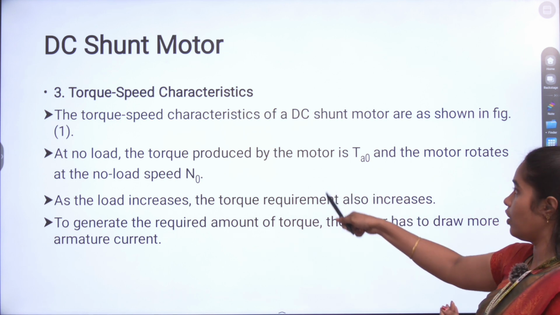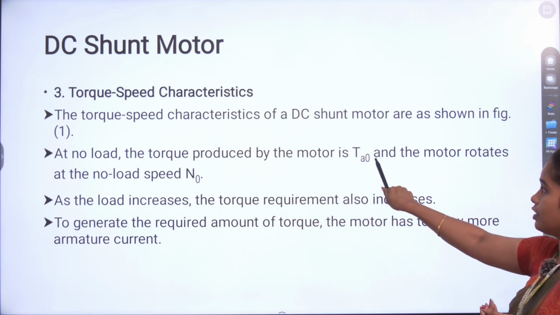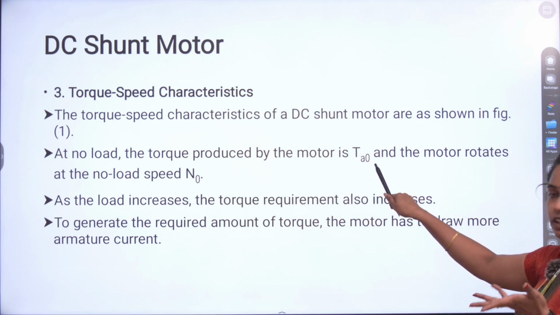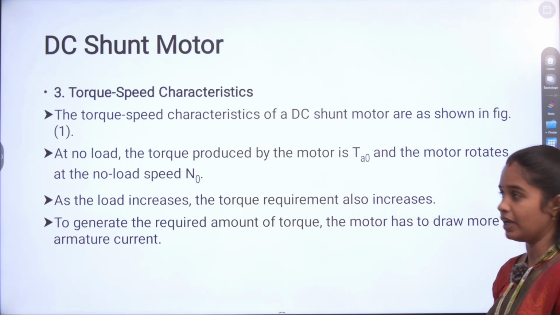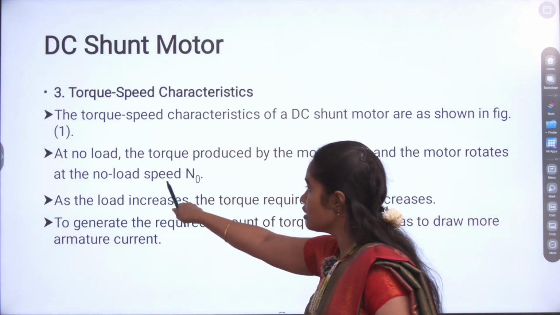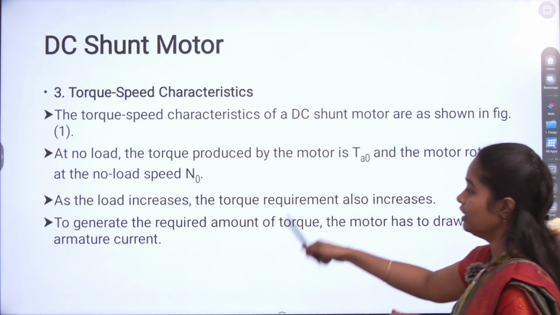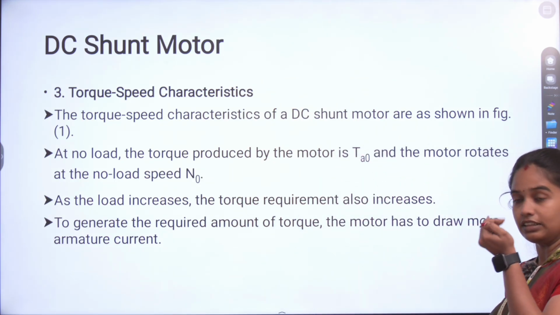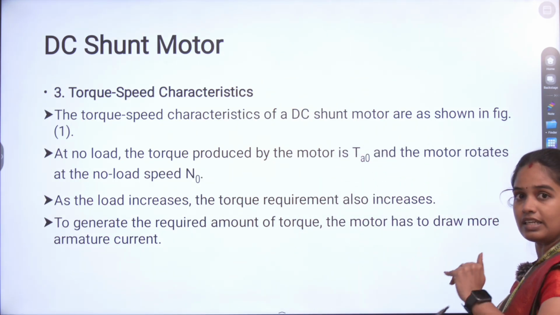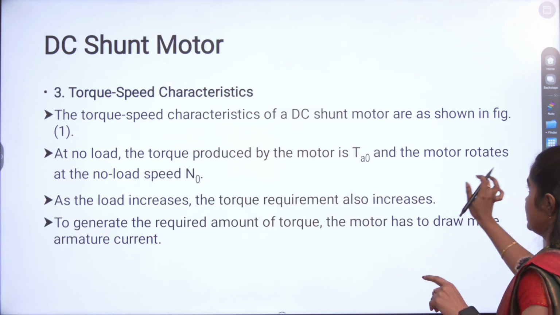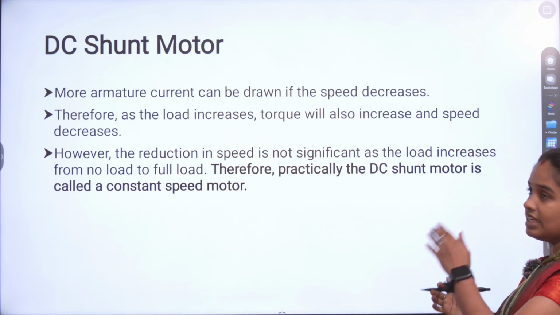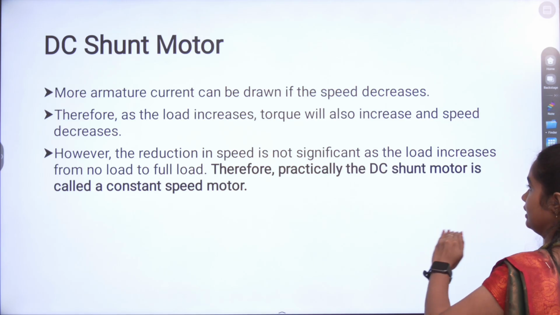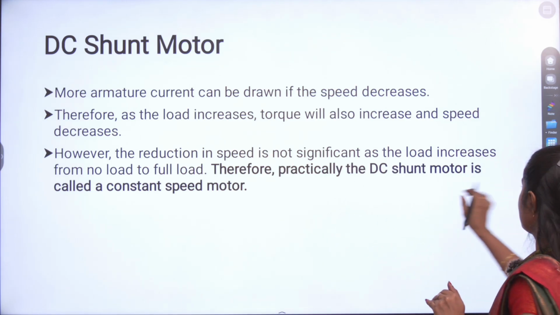The produced torque is denoted Ta0, that is the no load torque, and the motor is rotating at the no load speed, denoted N0. Whenever the load is increased, the torque requirement is also increased, but the speed of the motor is decreased. So the DC shunt motor is used in constant speed applications.